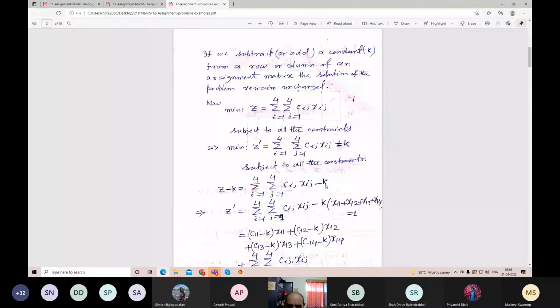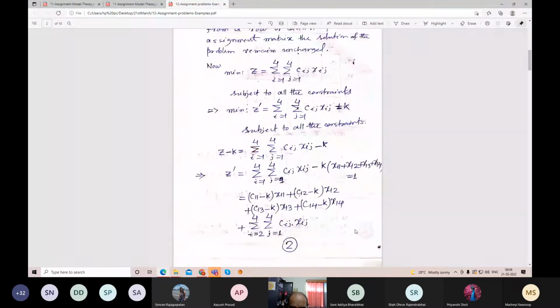In this manner: C11 minus K into X11, C12 minus K into X12, C13 minus K into X13, C14 minus K into X14.